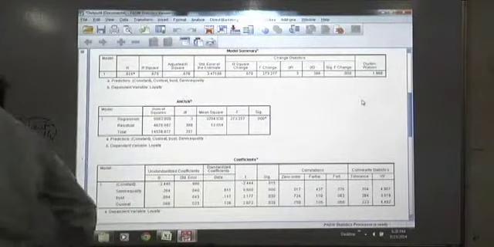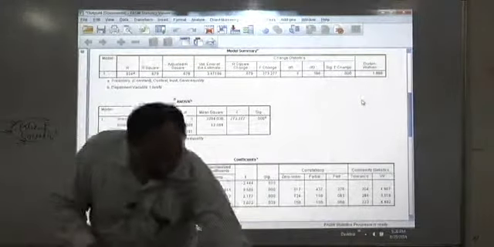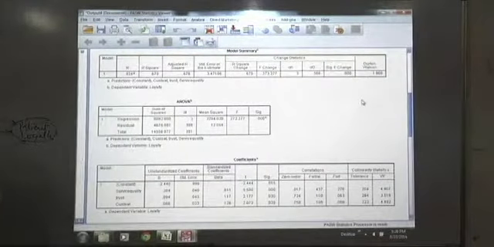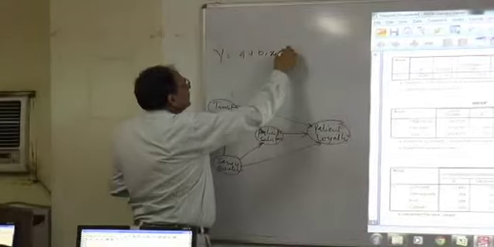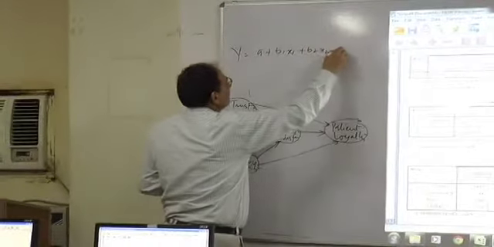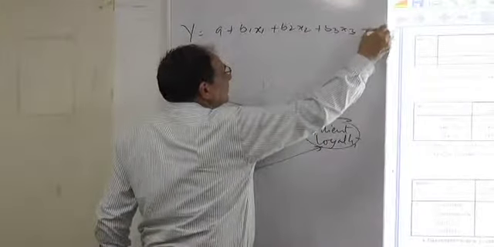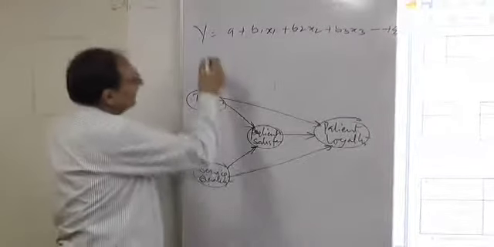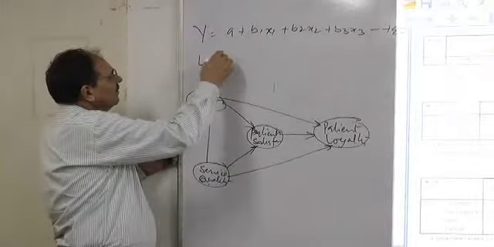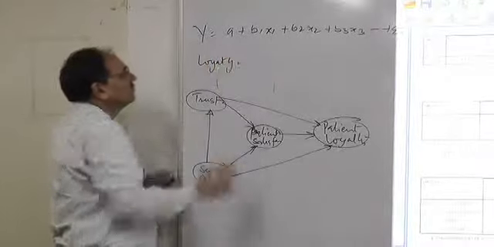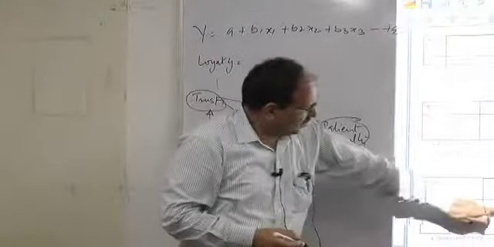One is we need to develop the multiple regression equation. Y is equal to A plus B1x1 plus B2x2 plus B3x3 plus error. Now in our case, what is Y? Y is patient loyalty. What is A?